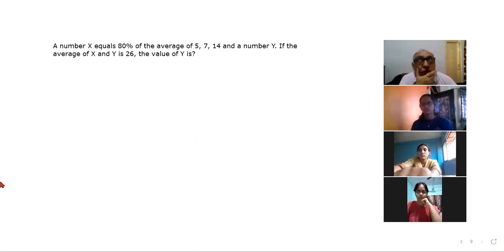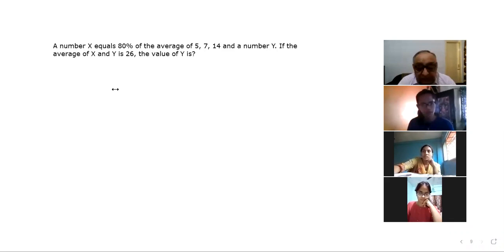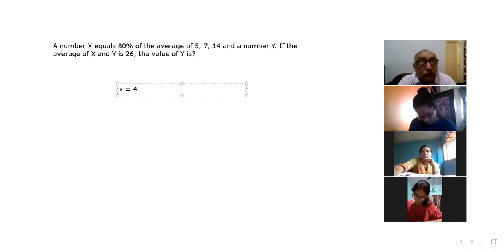Clear? First of all, what is given in the question? X is equal to 80%. 80% means 4 upon 5, of what?